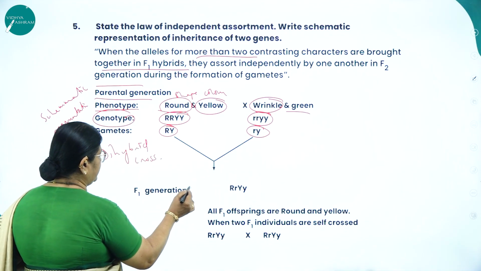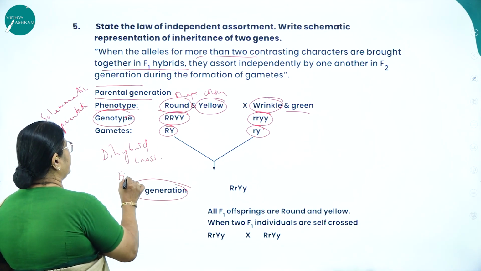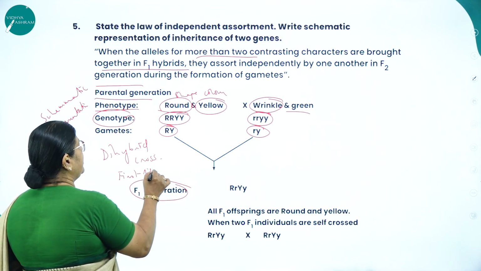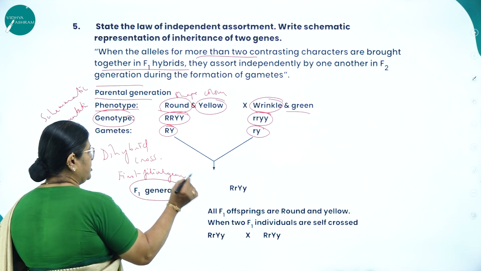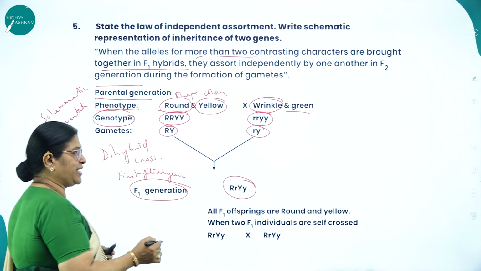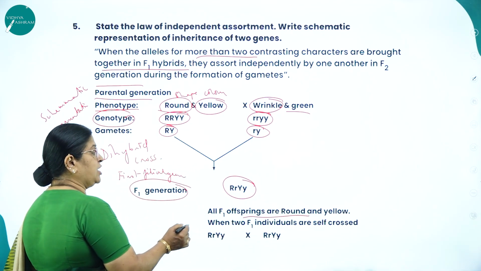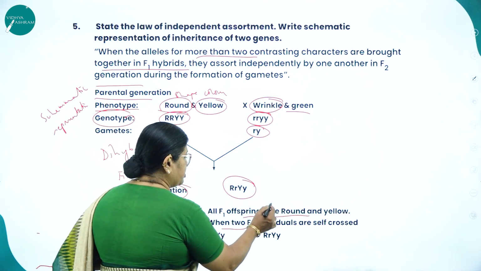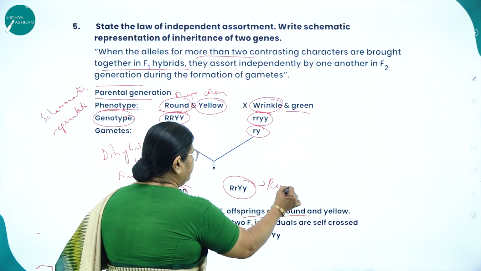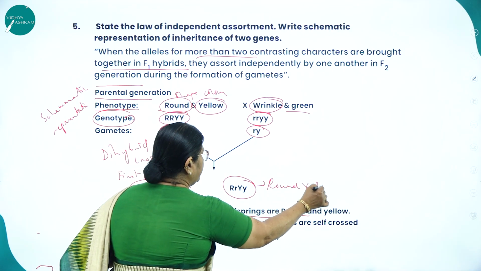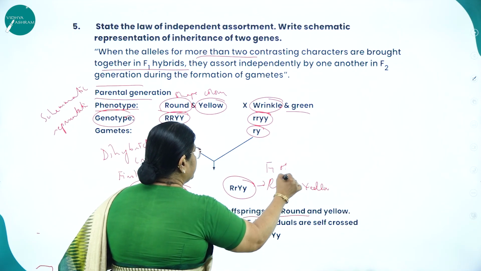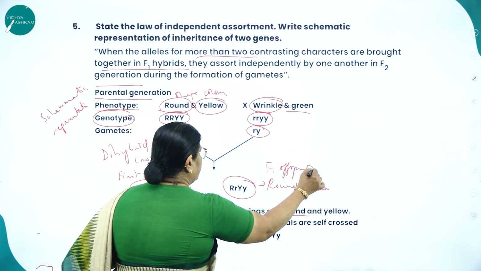So go for the F1 generation, first filial generation. You get capital R, small r, capital Y, small y. Here all F1 offspring are round yellow.